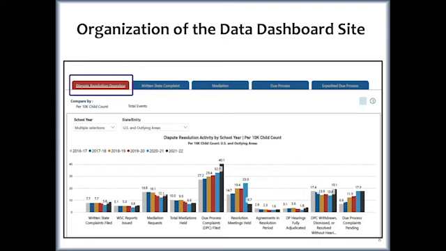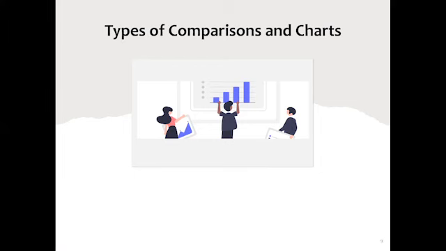The other tabs present data for the 4 dispute resolution options individually, specifically written state complaints, mediation, due process complaints, and expedited due process complaints. The dashboard gives users the ability to compare states to each other, as well as to the national average. Additionally, it offers the ability to look at an individual state's data over time.